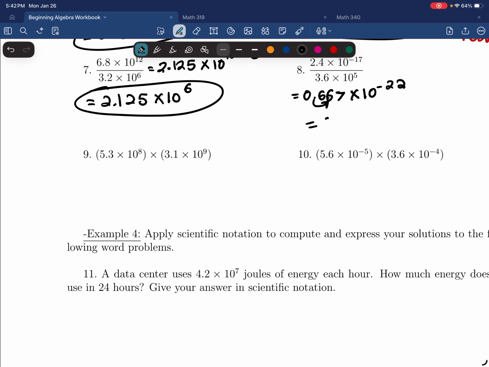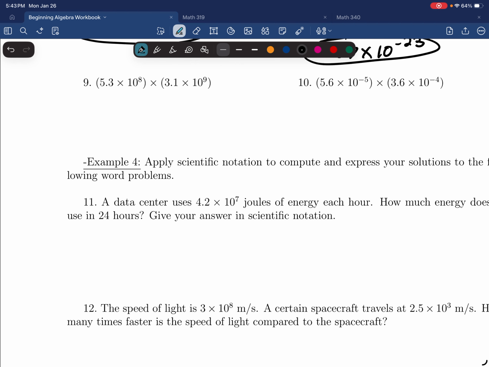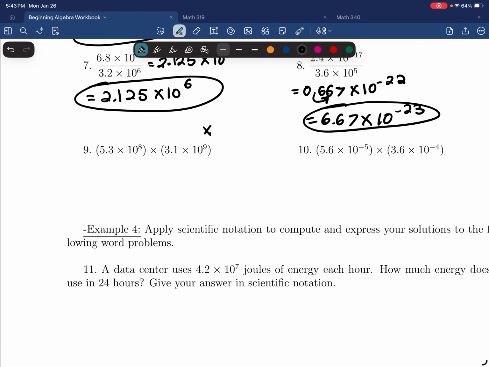That's your final answer. Looking at example number 9, we have 5.3 times 10 to the 8th times 3.1 times 10 to the 9th. So for this one, this multiplication is also fairly simple. All you have to do is know your exponent rules for when we multiply two things. So recall that x to the a times x to the b equals x to the a plus b.